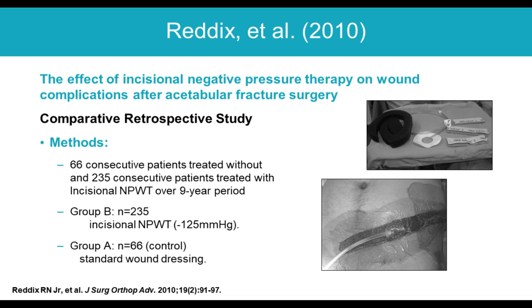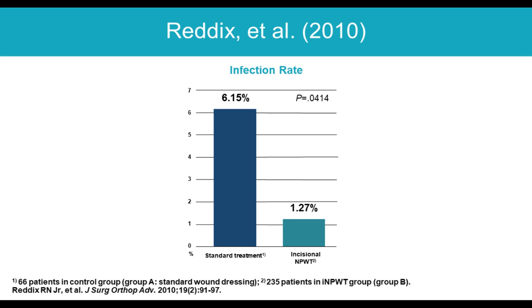And only 66 of these were treated with a standard dry dressing. But when they went back and looked at their 9-year collective experience, they found that the dry dressing group had a 6% rate of wound infection, compared to the negative pressure group that had just a 1% rate of wound infection, which was statistically significant and really validated their historical approach to why they were doing negative pressure dressings.